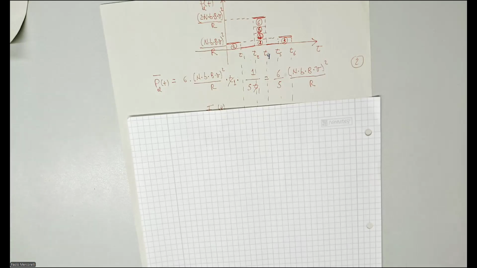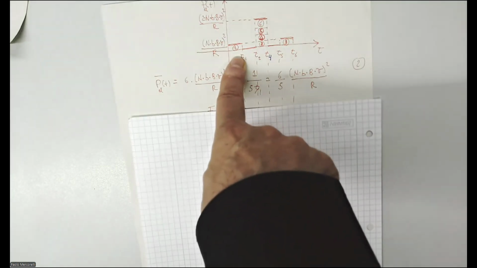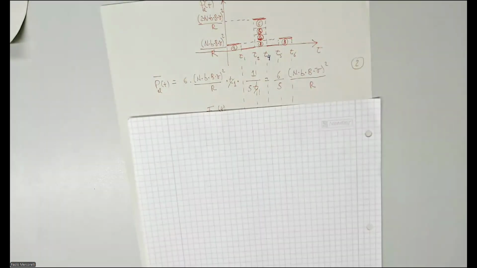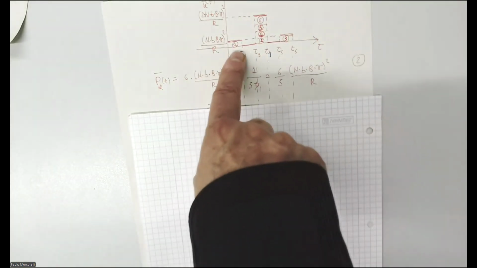It's easy because we have 5 intervals. Of course, the question is not clarified here, but in the exam I will clarify the question, in the sense, please calculate the mean value. Until now we considered the whole time in which the phenomenon runs until T6. But until T6 we have 5 times T1.